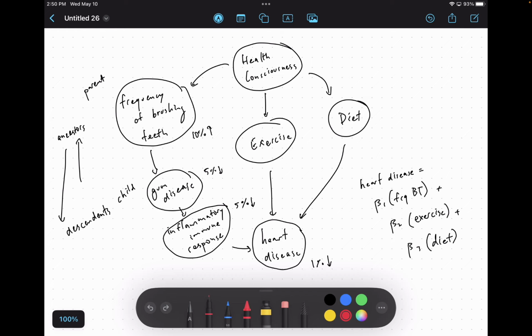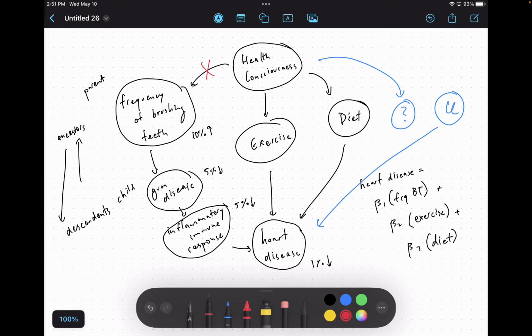Predisposition, so genetics, what's your family history, other medical factors. So there could be other things related to heart disease. And so ultimately, the kind of strategy to take here is effectively trying to get rid of this line here.